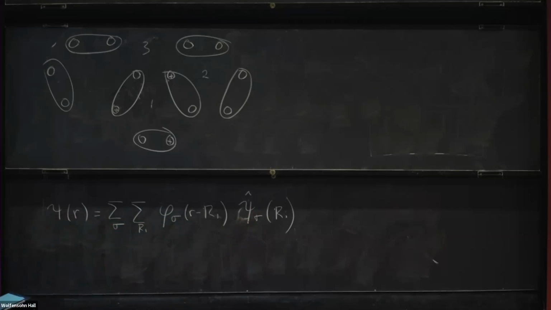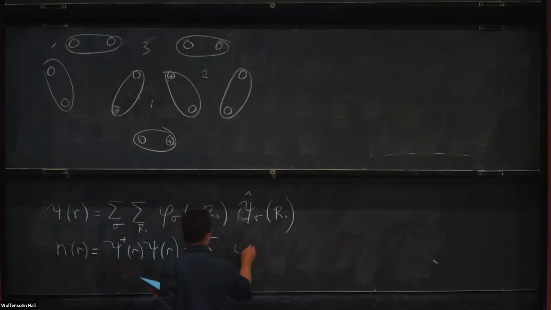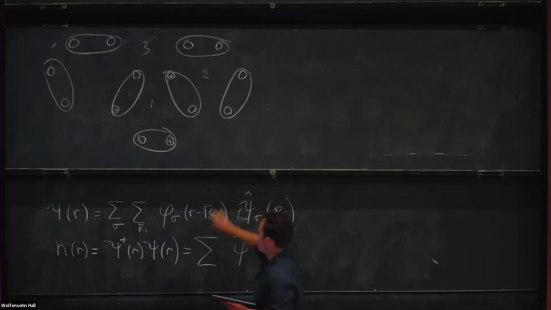So then when we want to ask about the density on a bond, going back to what the tight binding approximation really means allows us to do that. Because the density at a point n of r, we can then write out in this form. There'll be just two versions of this.